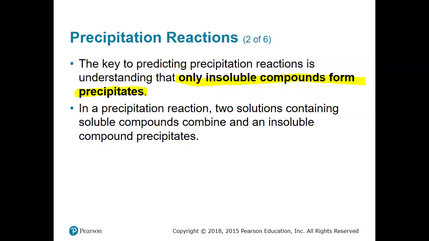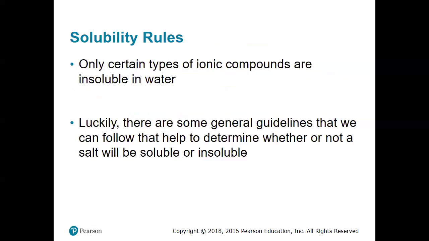To answer that question, we have to rely on something known as the solubility rules. Now, I really caution on calling them rules because rules imply absolute. These are more like guidelines in most cases. And what these guidelines give us is a pretty accurate way of predicting whether a substance is going to be soluble or insoluble in water.